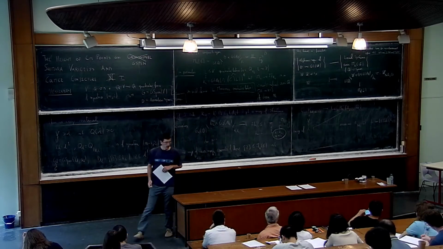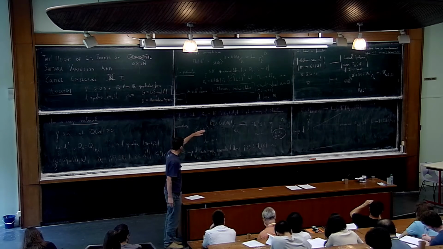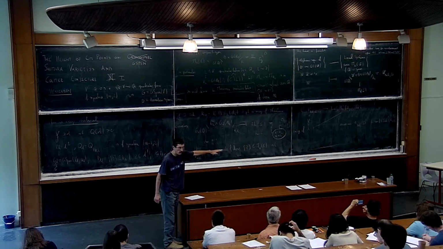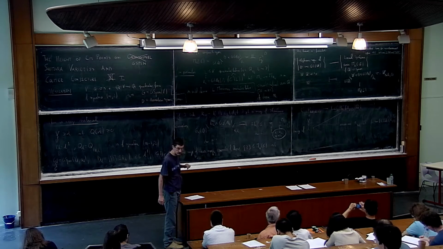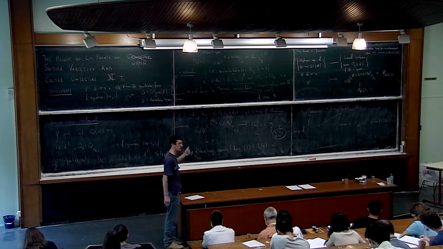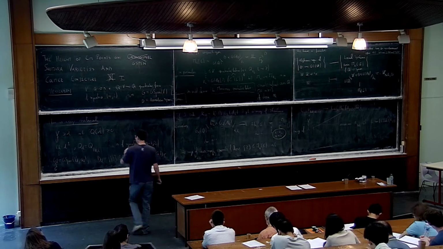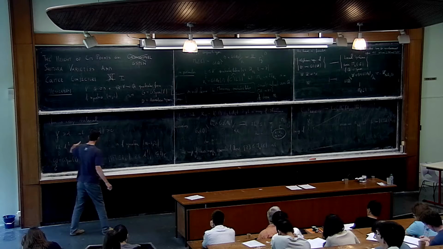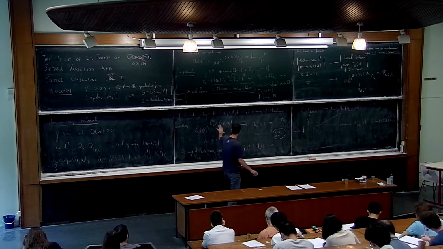Okay? So I can describe complex analytically the points where my Kuga-Satake acquires special endomorphisms in the sense that I've defined before, simply by taking the images of all possible lambdas via the map that I've described here.